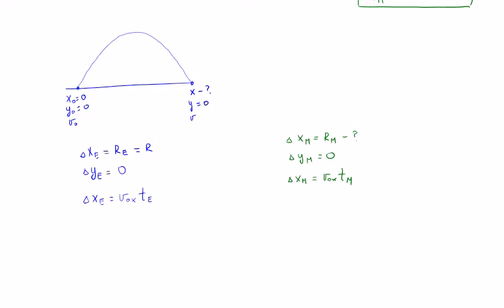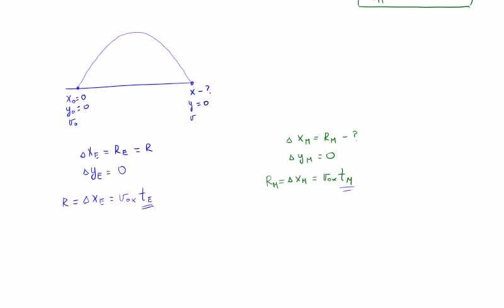Now let's put here r_m, and here we'll just put an r, because that's what we will need. Now we can't do much unless we find the time on the moon and time on the earth.